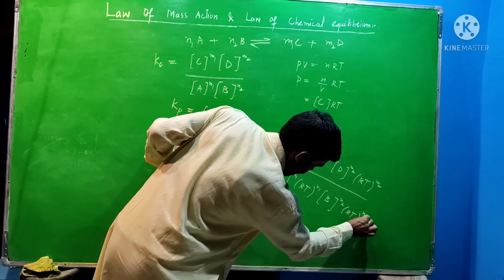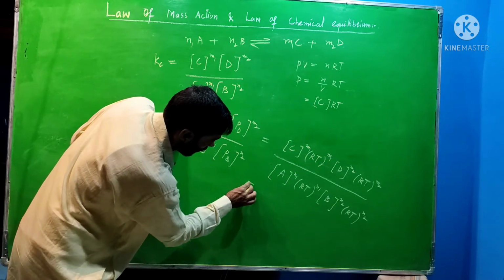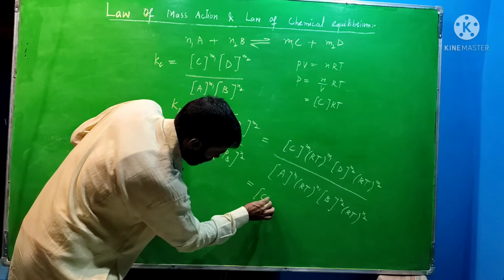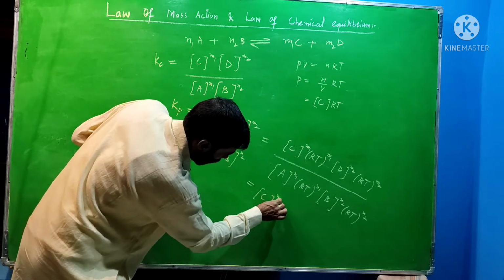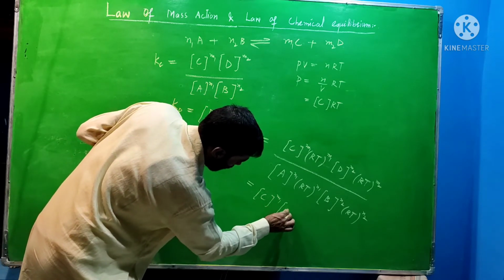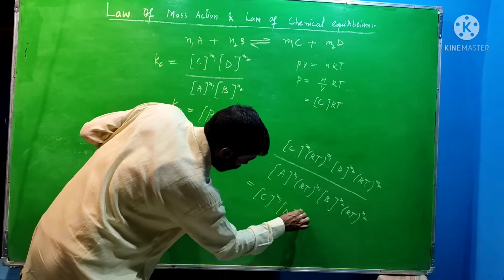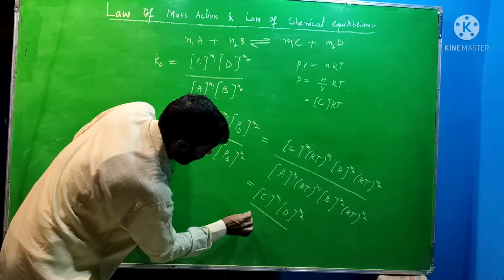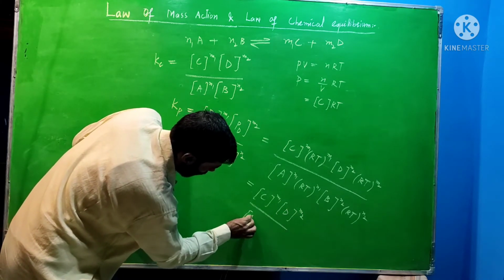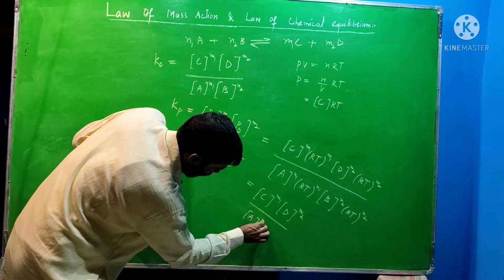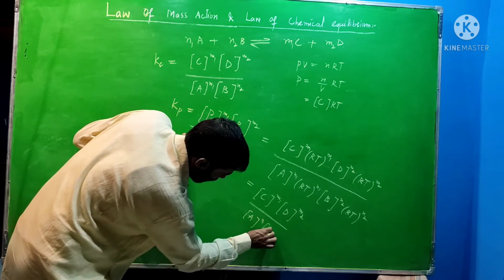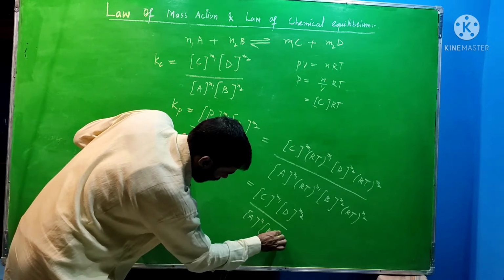Now again here we write C raised to power m1, D raised to power m2, over concentration of A raised to power n1, concentration of B raised to power n2.